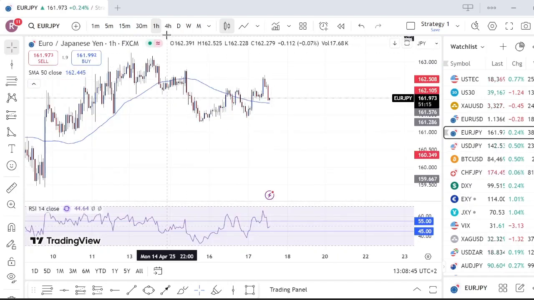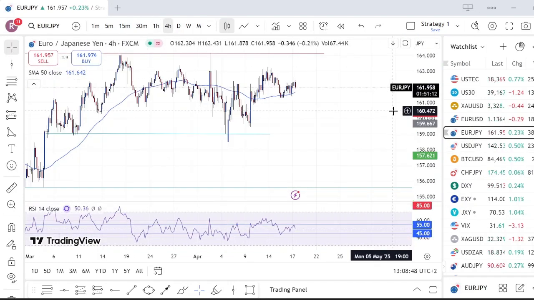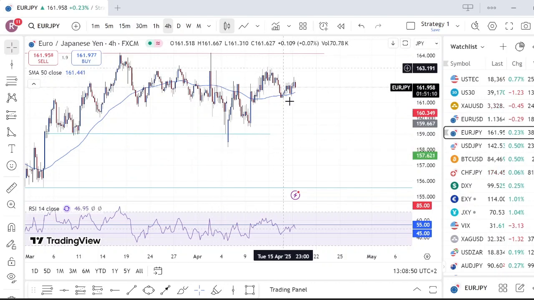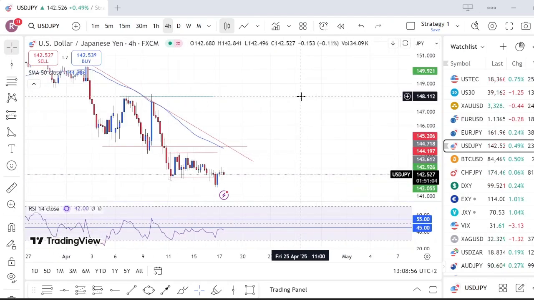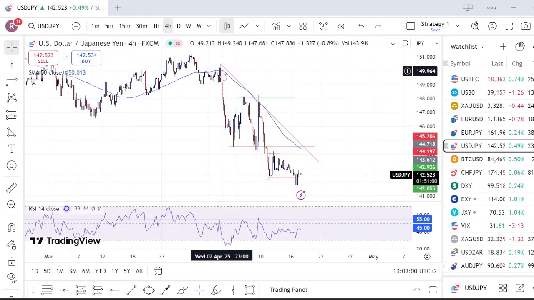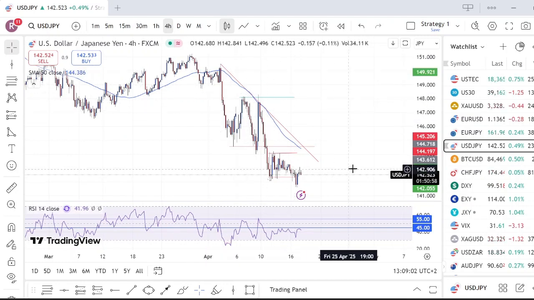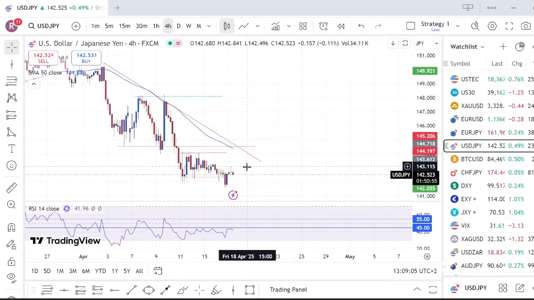Moving into Euro JPY, broad range consolidation, lots of spikes, lots of volatility, nothing to really analyze there. USD JPY, still very bearish. We got lower highs, continuing structure, a little bit choppy in this consolidative phase.